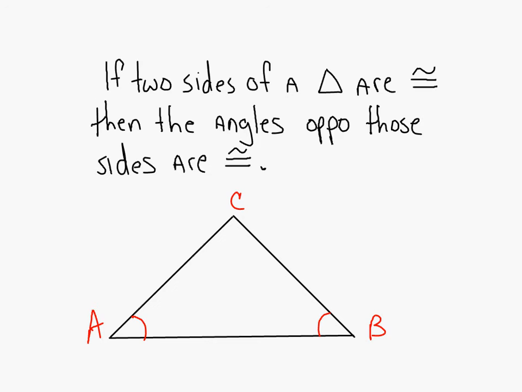What's the side opposite angle B? AC, good. What's the side opposite angle A? CB. Those two are congruent. The theorem works both ways.